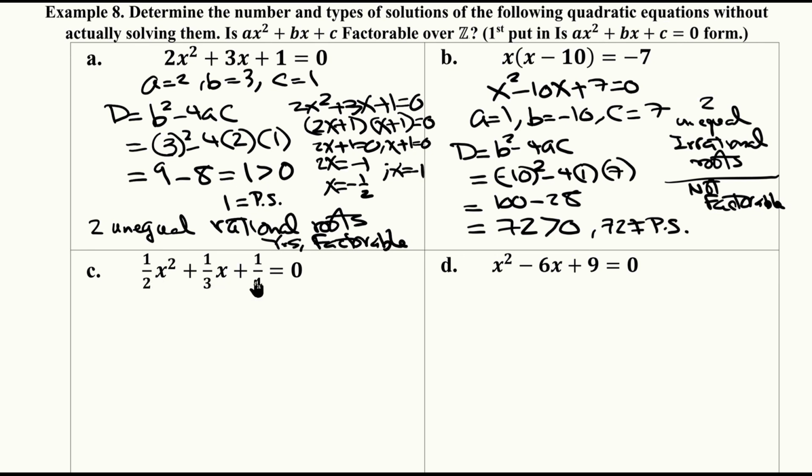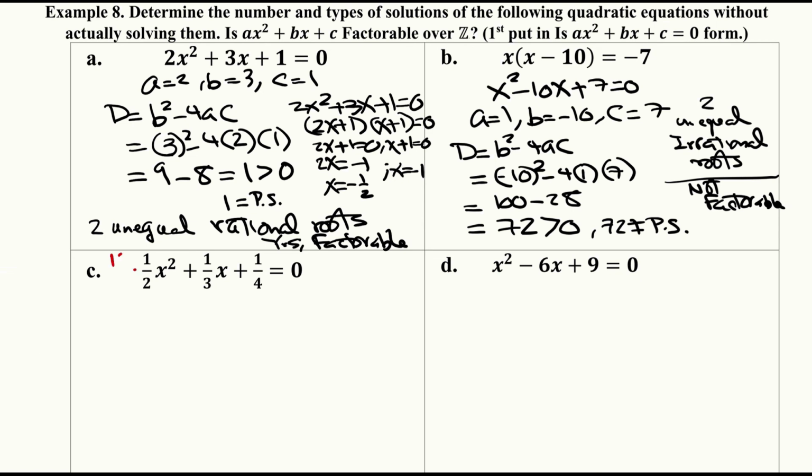All right, for this next one, remember in its current format, we can't use the discriminant law we just discussed or the rules. We have to make sure these are integers first. So just like we did when we actually solved it, we do need to go ahead and clear those fractions.